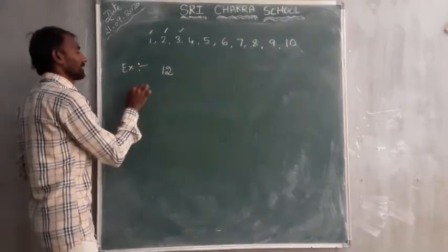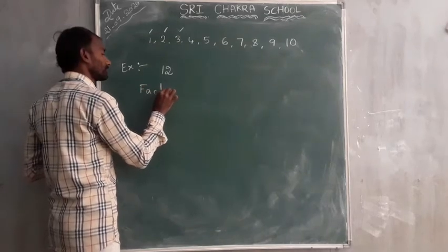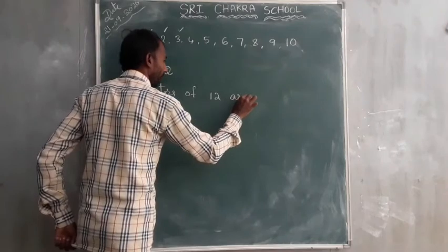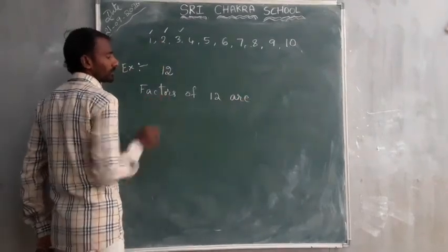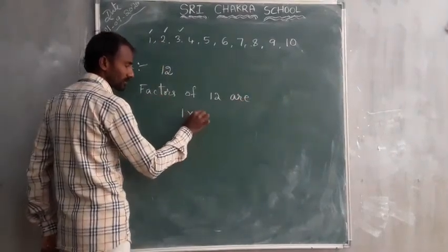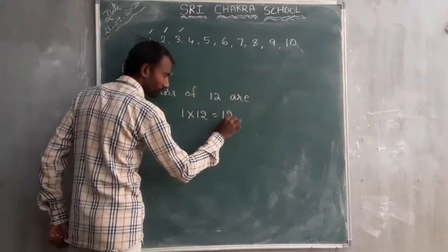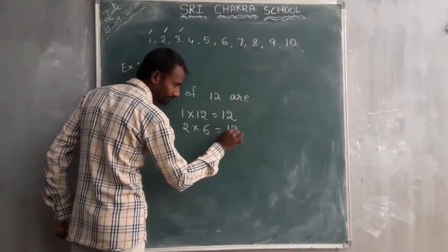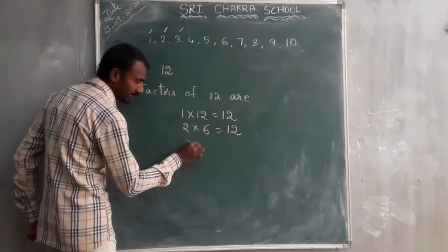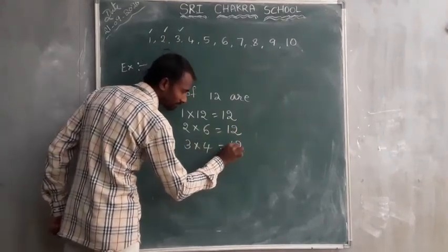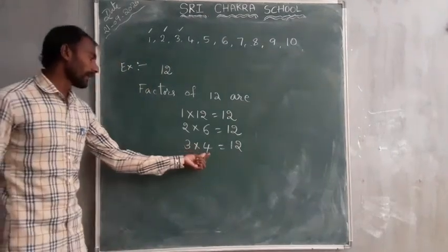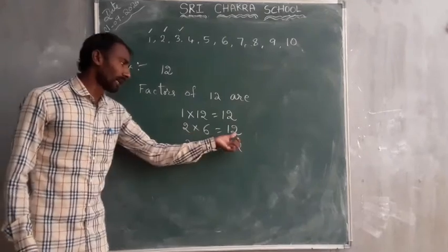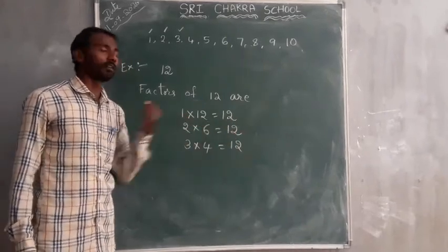So factors of 12 are, 12 can be written as 12 ones are 12 and then with 2, 2 6s are 12 and then again by 3, 3 4s are 12 and with 4 already has been given there. 4 into 3 12, 6 into 2 12, 12 into 1 12.